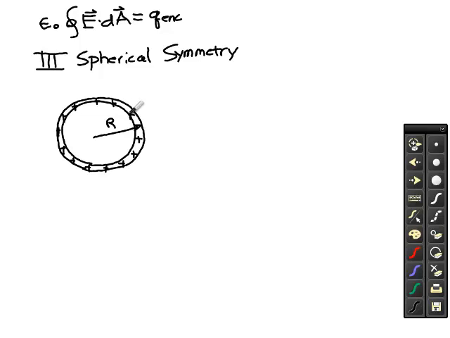Outside, we found the E field by treating the shell as a what? As a point charge, yeah. When we did gravity, we treated this thin shell as a point mass. Now we're doing electrical forces, so we're going to treat the thin shell as if all the charge were located at the center, as long as we're outside the shell. So we know the answer already. And so we're going to apply Gauss's law and get the answer again.